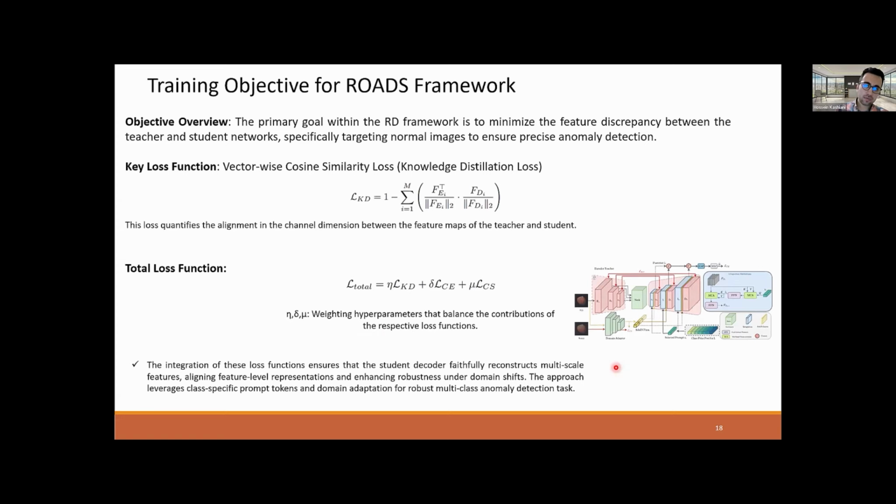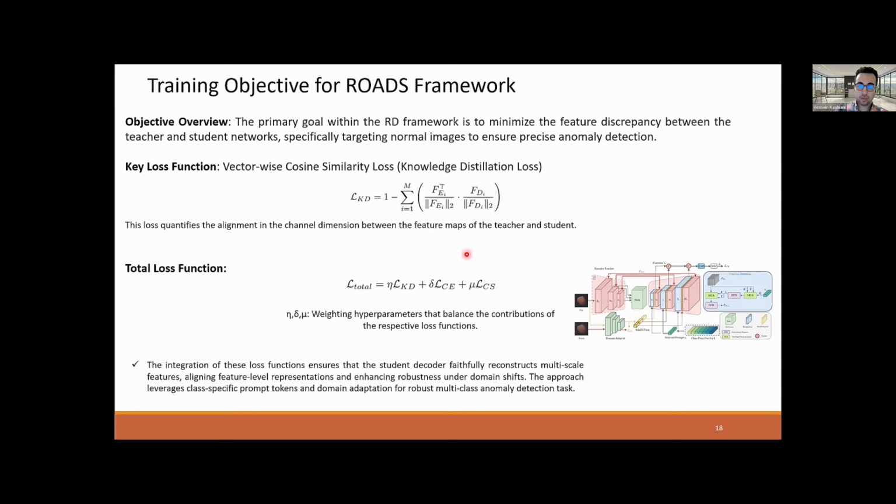And this is the overall loss function. As I explained, in a normal reverse knowledge distillation, we have a KLD-based loss function to enforce the student decoder to mimic the representation of the teacher at different feature representation stages of the network. So this is the main loss function for anomaly detection.